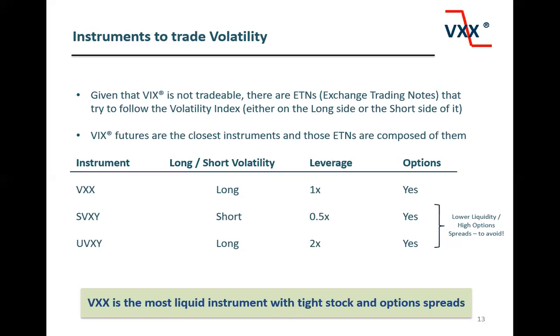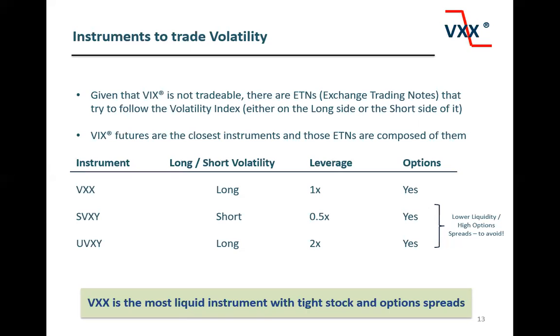There are currently 3, there are a little bit more, but these are the main ones, especially VXX, which is the most liquid, and it is a positive correlation or long volatility. It's a positive correlation with VIX with 1 times leverage, and has options.